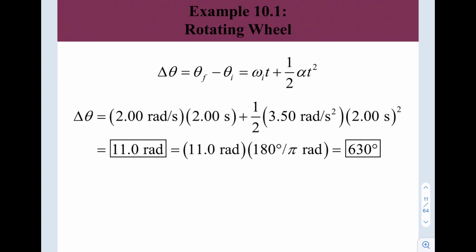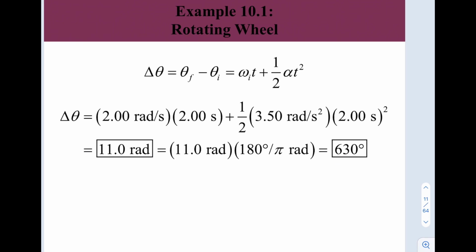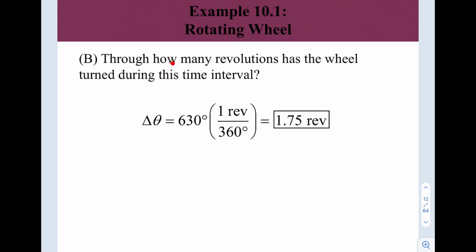So delta theta equals theta final minus theta initial, which equals omega initial t plus half alpha t squared. Our aim right now, within 2 seconds, is to find delta theta. Substitute all the information and you will have 11 radian, or in terms of degrees, 630 degrees.